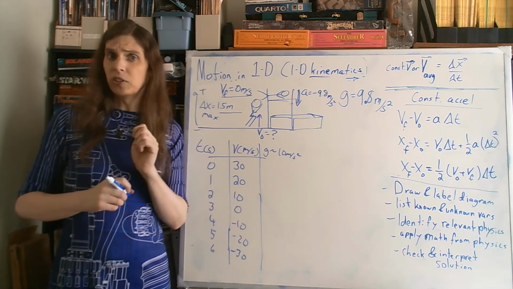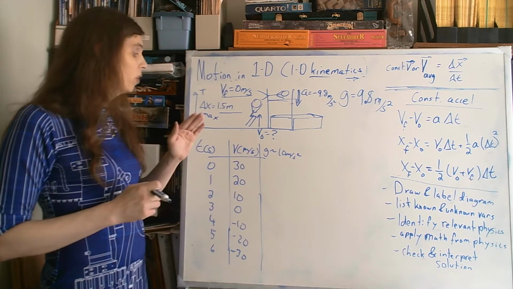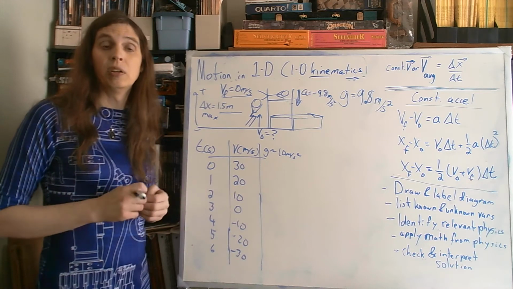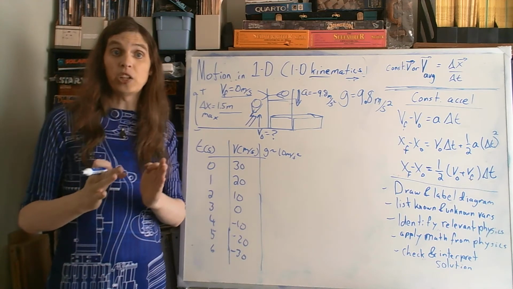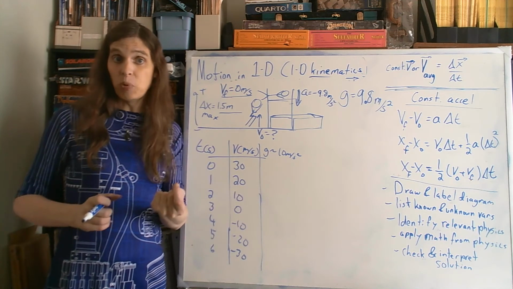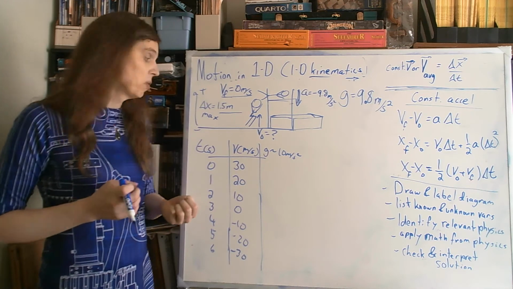Now I want to call our attention to something else here. At that 0 velocity point, you still have acceleration. Gravity does not turn off. It's always that 9.8 meters per second squared down near the surface of the Earth.